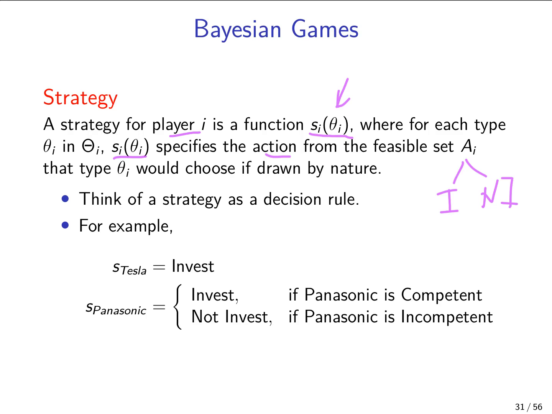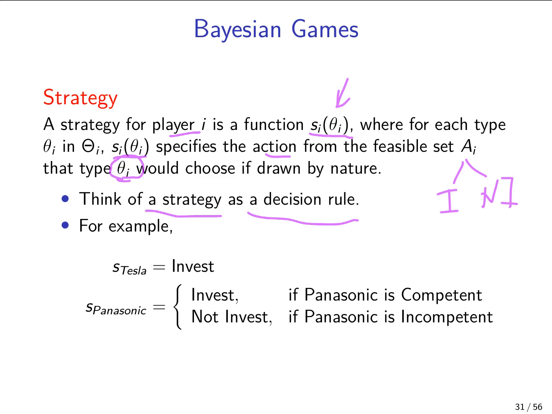But we have to specify for each type a contingency plan, if you like. Like before, a strategy is just like a decision rule or contingency plan, except that now we need that decision rule to depend on theta. It has to specify the strategy for each type of player.